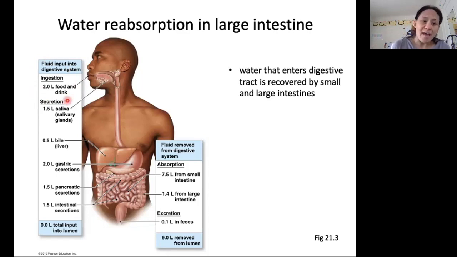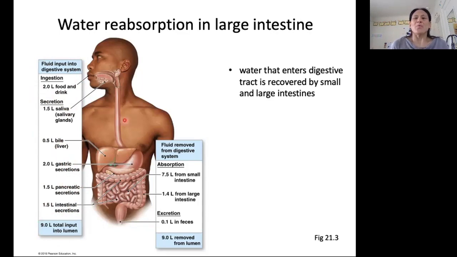But in addition to that, a lot of water enters through our secretions. Our saliva contributes, bile, gastric secretions, pancreatic secretions, intestinal secretions. And overall, we are inputting about 9 liters of water into our digestive tract per day.